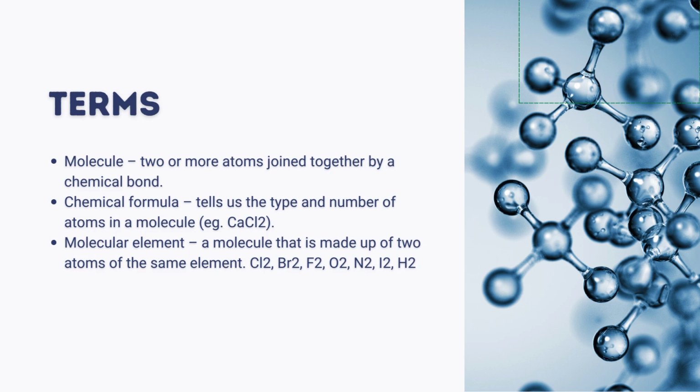Some common examples of molecular elements include Cl2 for chlorine gas, Br2 for bromine, F2 for fluorine, O2 for oxygen, N2 for nitrogen, I2 for iodine, and H2 for hydrogen gas. These molecules are important in chemistry because they are often used as reactants or products in chemical reactions, and they can also be used to study the properties and behavior of elements.